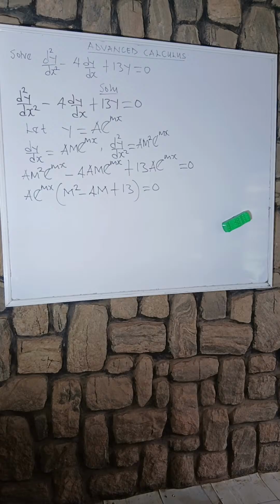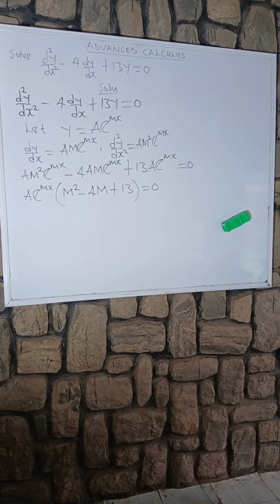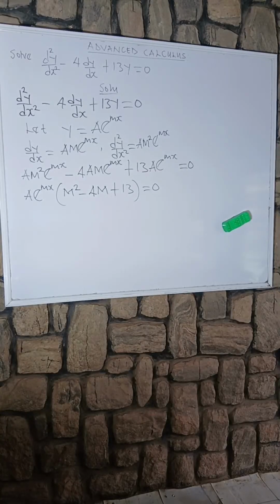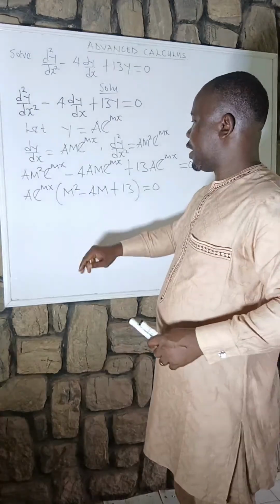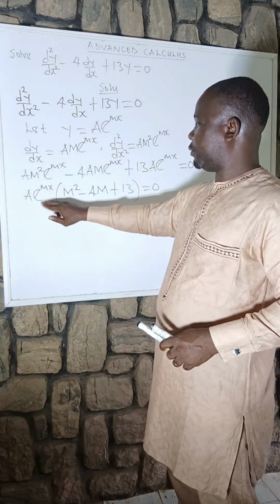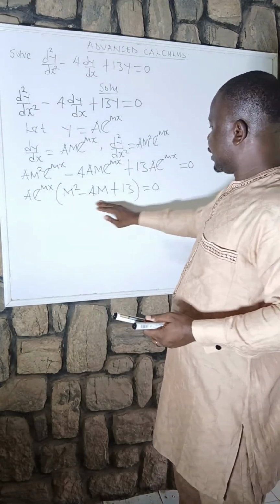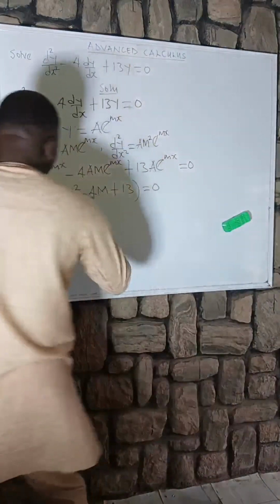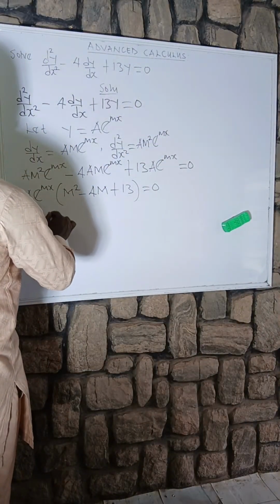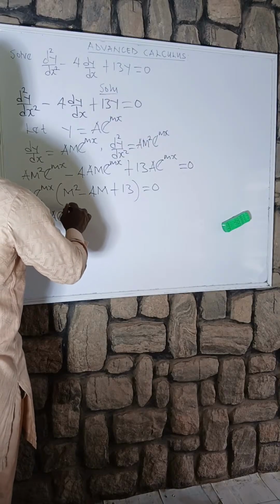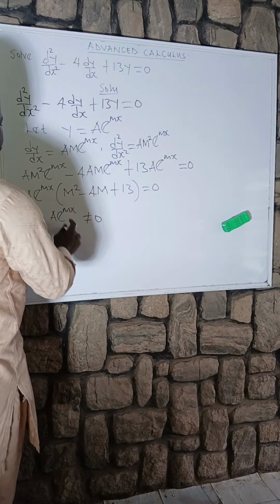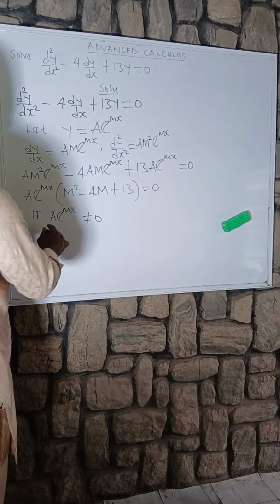Any question? So at this point, if this function a e^(mx) is not equal to 0, then this bracket will be equal to 0.